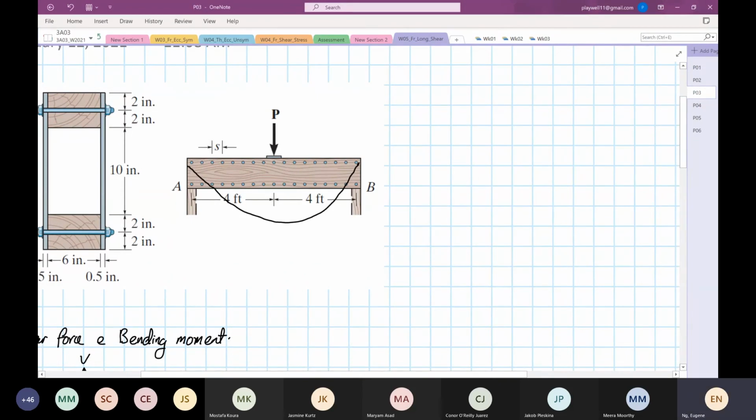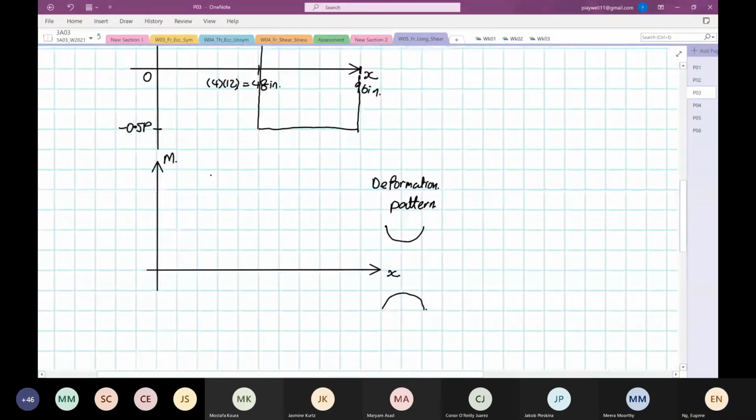Smiling face or sad face? Smiling face. So that is why I'm being thrifty, not cheap, okay? Thrifty. I use the deformation pattern, the space for the negative to be very small. So we know that this is going to be a positive slope.